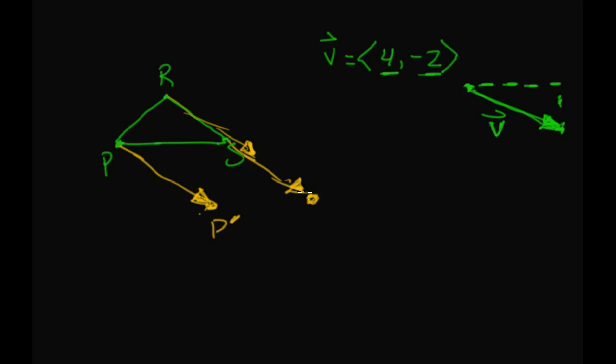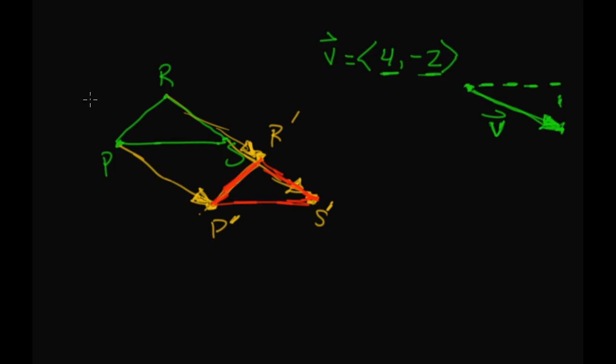There is S hanging out over there, so we'll call that S prime. And at the end of this is R, so we'll call that R prime. So let's make that a little bit different color so we can see it. Connecting P to R, connecting R to S, connecting P prime to S prime.